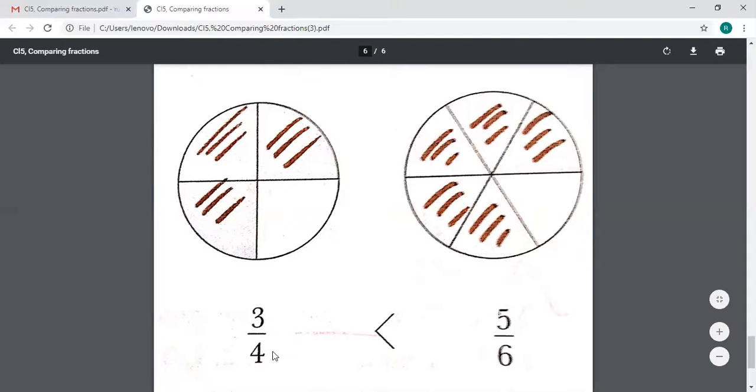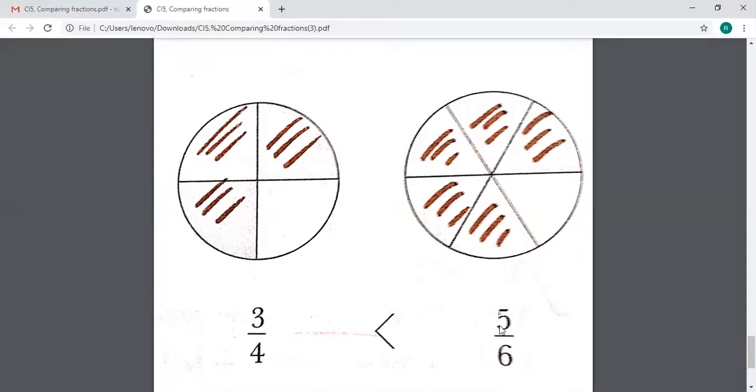Now the denominator is the total number of parts. Here also the total number of parts is 6. And then what do you get? The numerator is the shaded part. Here also the shaded part is this. So from the figure, you can easily say 5 by 6 is greater.